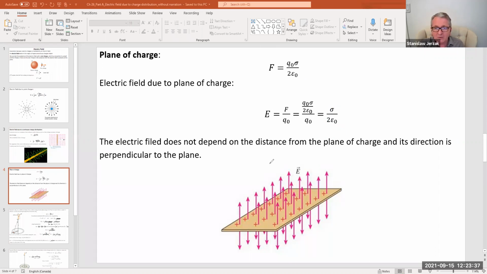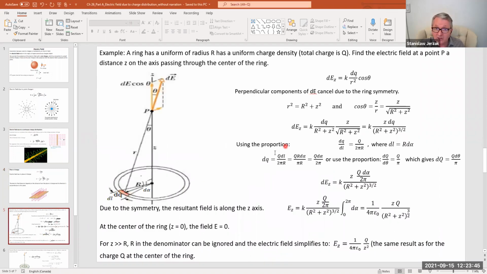So what I wanted to do on the next slide is calculate now the electric field due to a ring of charge. I still have a couple of minutes, so I'm not even sure if I should start. Probably not.